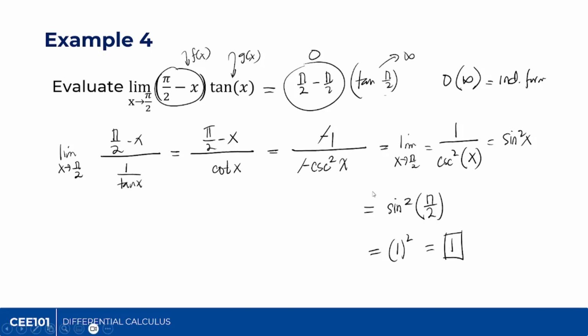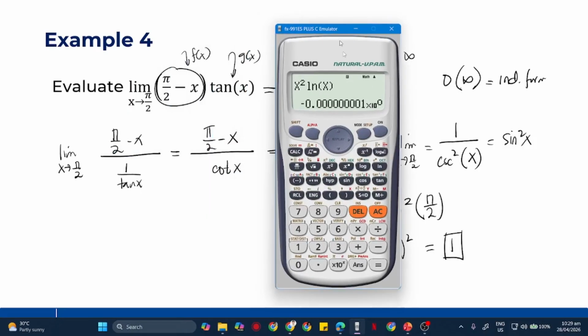Okay? So, kung i-check natin sa calculator, pi over 2 minus x, and then tangent of x. Then calc natin. Shift pi over 2.